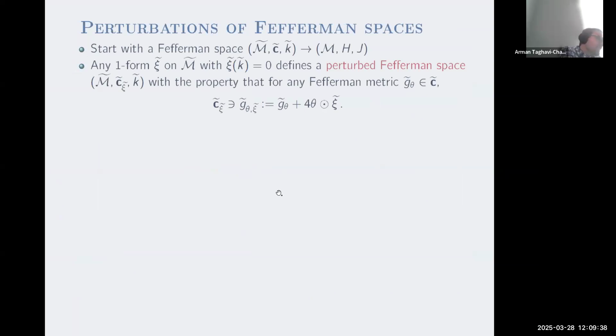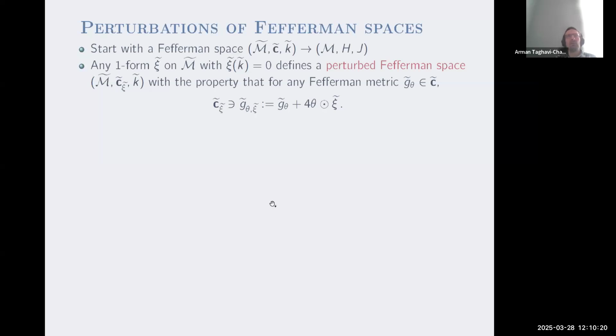Okay, so if this doesn't work so well for the Fefferman space, maybe we can do something about it. One strategy that I had was to perturb the Fefferman conformal structure. So you start with the Fefferman space, with this conformal structure constructed from the CR manifolds. And then you take any one-form, xi tilde, on the total space of this bundle, which is annihilated by the conformal Killing fields generating the fibers.